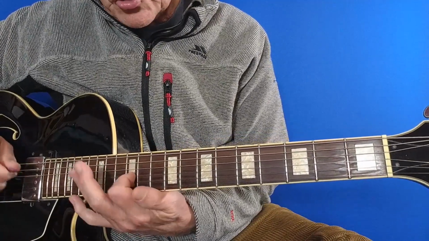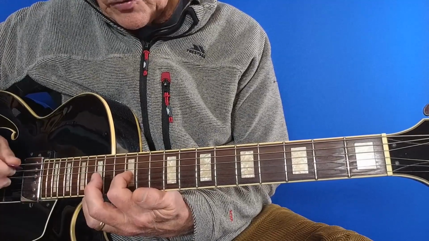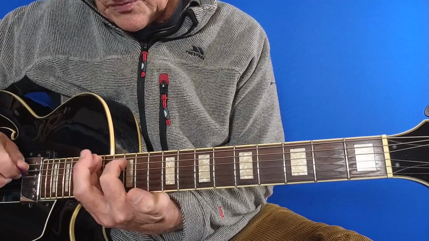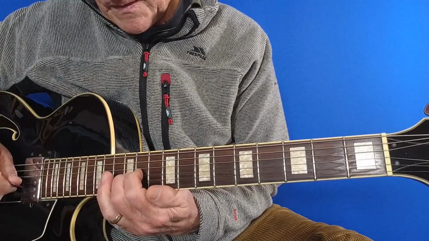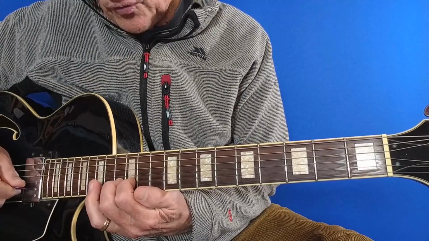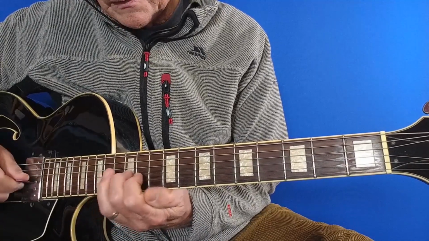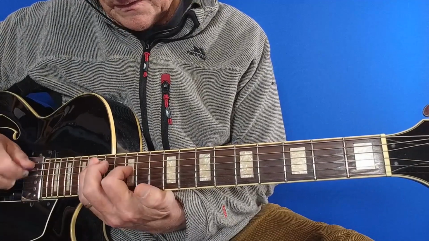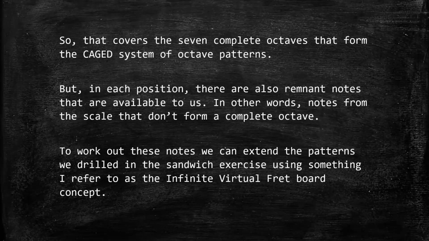And then we're back to the G shape, and here again we've got 2 octaves, so the first one's a backward one, and then I carry on into the forward one. So that covers the 7 complete octaves that form the CAGED system of octave patterns.